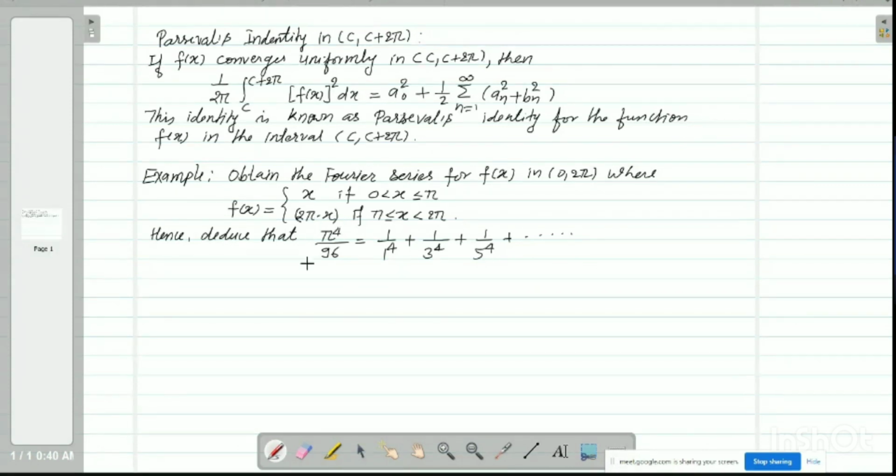Here, when will we use Parseval's identity? When the power is 4.